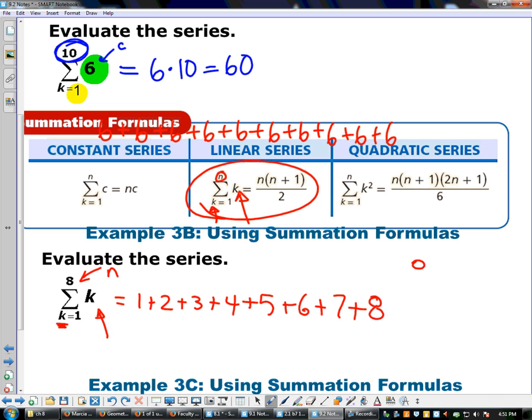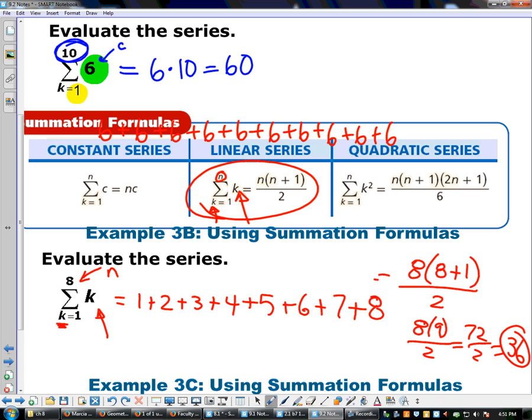It's going to be 8 plus 1 is 9. And we're going to divide that by 2. So that's our formula for adding this. And so we'll get 8 times 9 divided by 2. That's 72 over 2, which is 36. And you could check that by adding these all up, but it's easier to just use the formula, especially if your n value gets large.